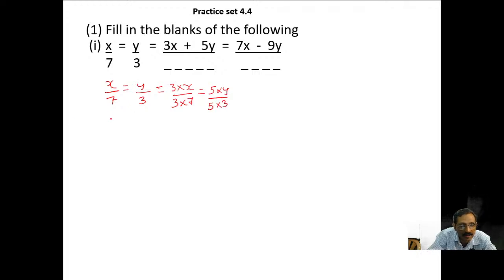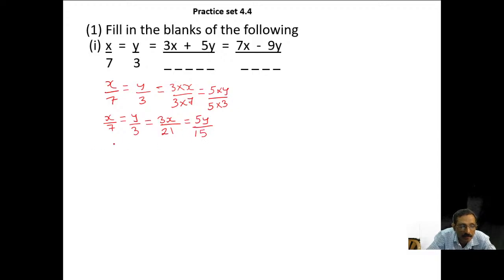What do I get? x upon 7 is equal to y upon 3, which is equal to 3 into x gives me 3x upon 7 into 3 gives me 21, which is equal to 5 into y gives me 5y upon 5 into 3 gives me 15.